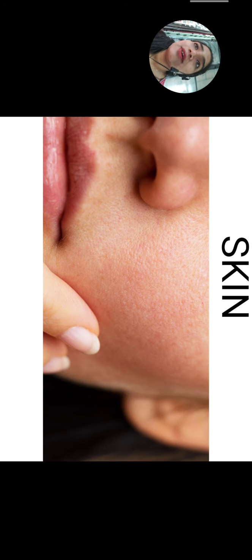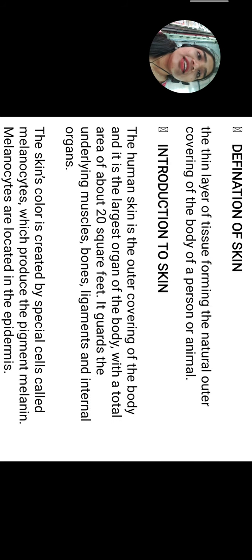Now when we talk about skin, the definition and introduction of skin goes as such. Definition of the skin is: it is a thin layer of tissue that forms a natural outer covering to the body of a human or an animal. So naturally the skin helps us in protecting our organs.